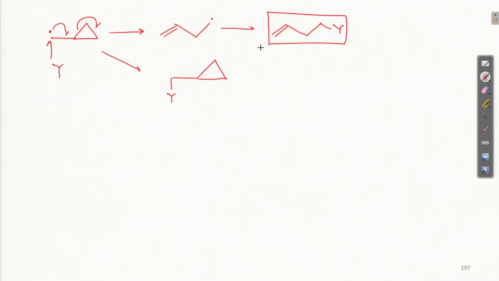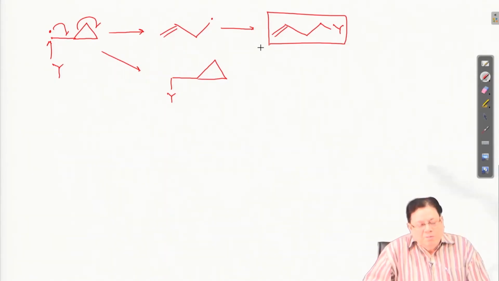This cyclopropyl methyl radical has been exploited to unravel the mechanism of many reactions where direct observation of the EPR signal is not possible.